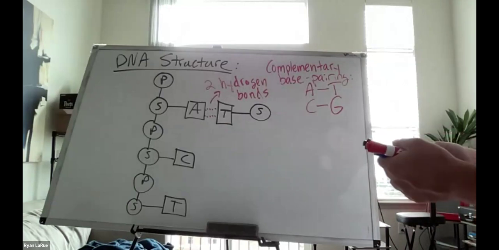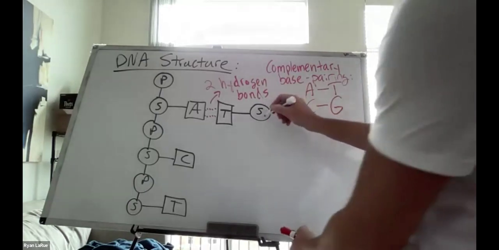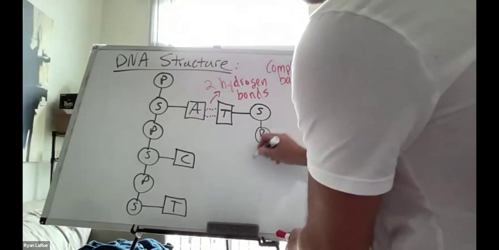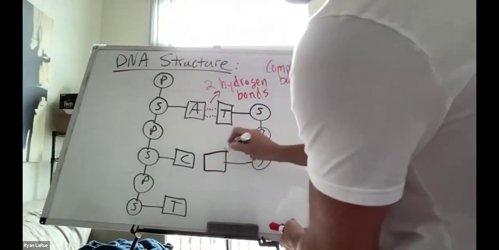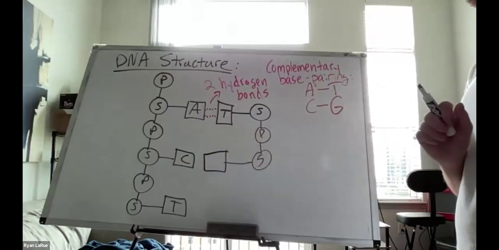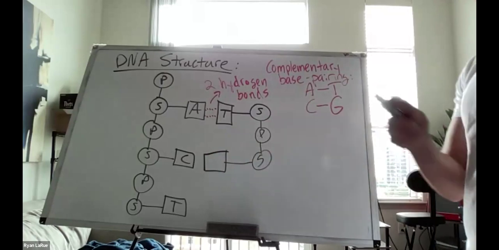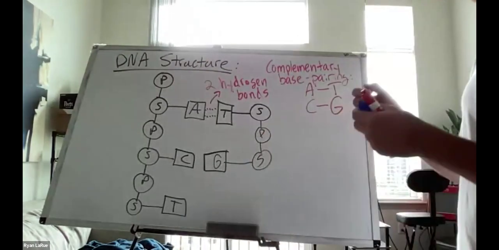Okay, moving on. Our next nucleotide, we're going to have a phosphate, of course, sugar, and based on our base pairing, what am I going to put here? We've got a C. What are we going to pair here? That's right, invisible audience, we're going to put a G. Cars, parking garages.